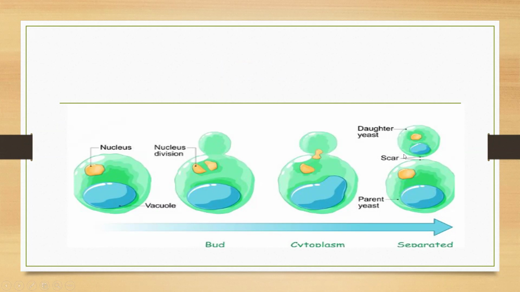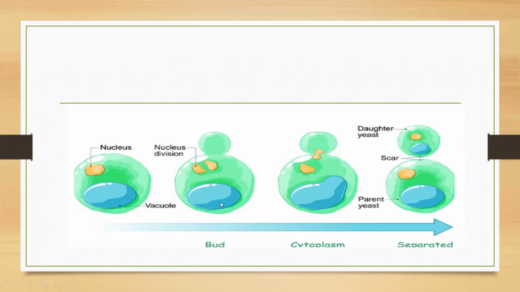Okay. Next, this is the septum. Septum means divided into two cells. This is the daughter cell. This is the mother cell or parent cell. Look at here. This is the parent yeast. This is the daughter yeast. This nucleus transfers into the daughter cell.